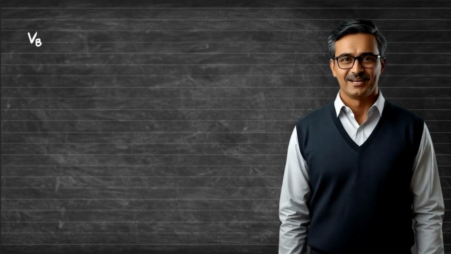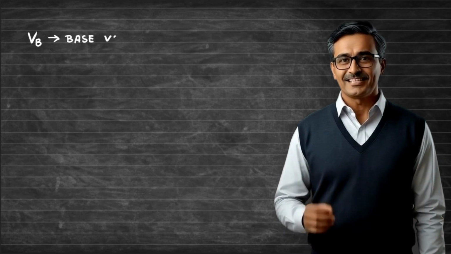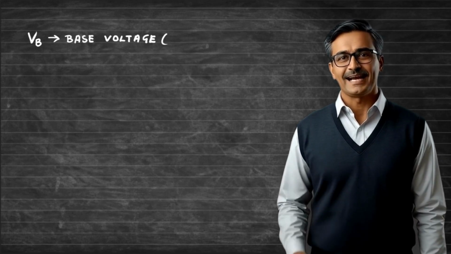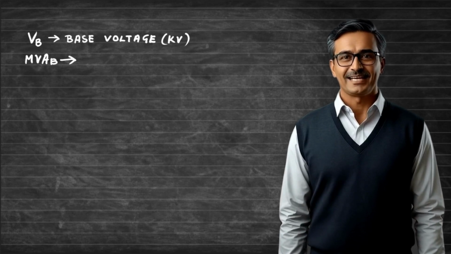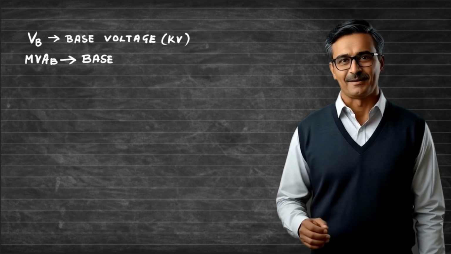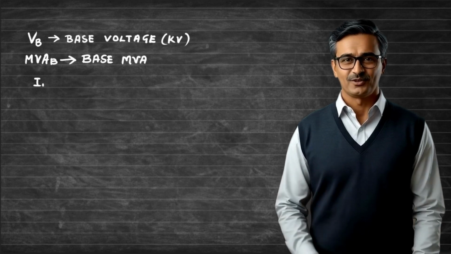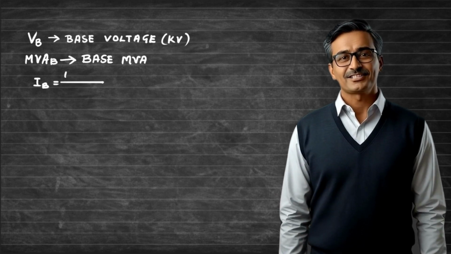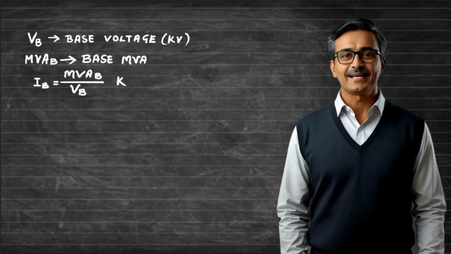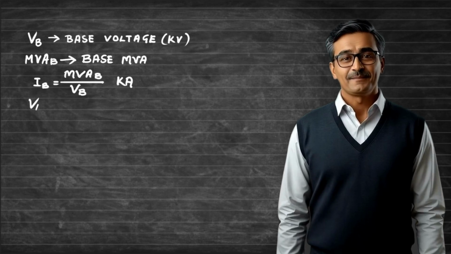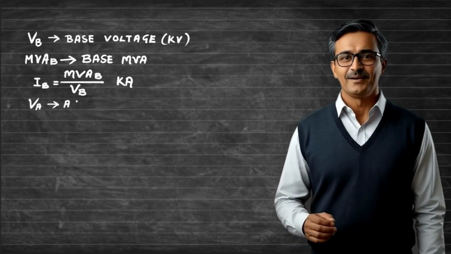Suppose in a system we have considered V_B as the base voltage expressed in kilovolts, and MVA_B is considered as the base MVA rating. Therefore, the rated base current of that system will be I_B equals MVA_B divided by V_B, and the unit will obviously be kiloampere.